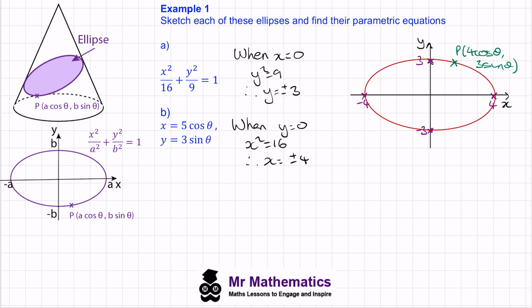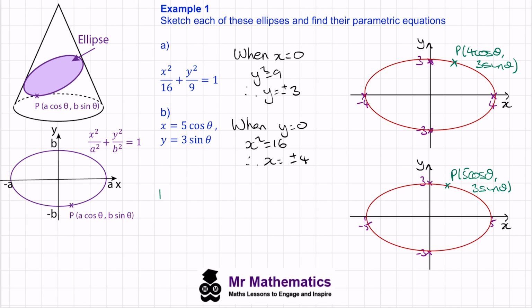Okay. And for question B, we can see that a is 5, and this has positive 5 and negative 5. So we can say this will be positive 5 and this will be negative 5. And the b value will be 3. So our y coordinates will be positive 3 and negative 3.